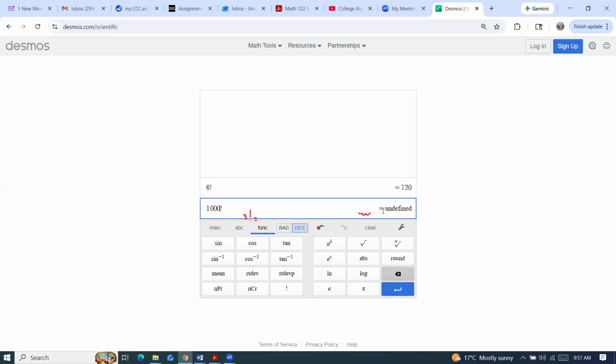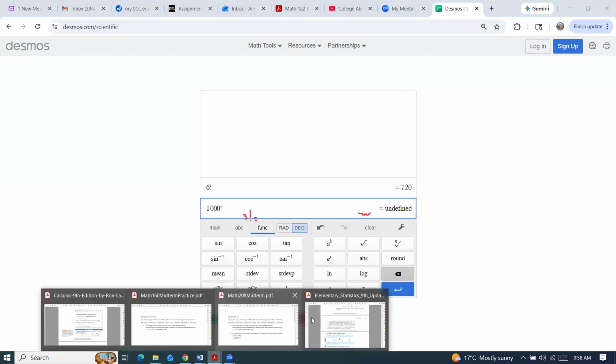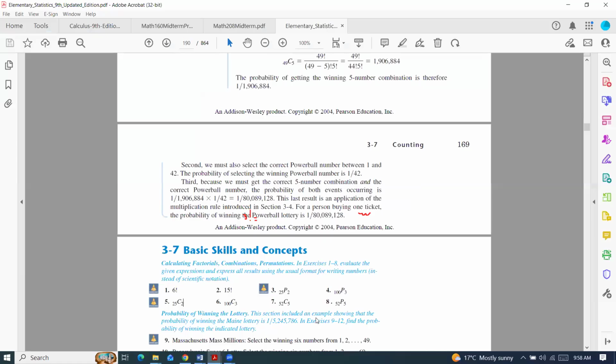So anyways, the idea is that we can use a calculator to do things up to some extent. And of course, nobody's going to ask you to deal with such big numbers. Here we have exercises like problem 2 that deals with just 15 factorial. So just use a calculator and do that.